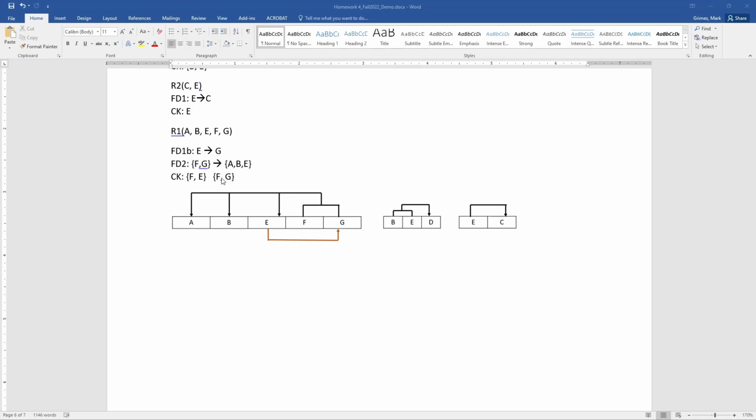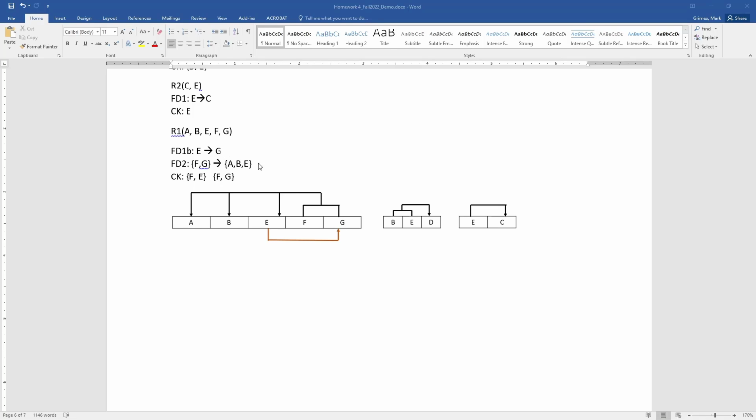And we know this is a problem because we're going to have a determinant that is not a superkey in the relation, and that's what we see here in functional dependency 1b. E is not a determinant in the relation, so this has the potential to still introduce data redundancy into our design. However, this is not a second normal form violation because E and G are both key attributes.